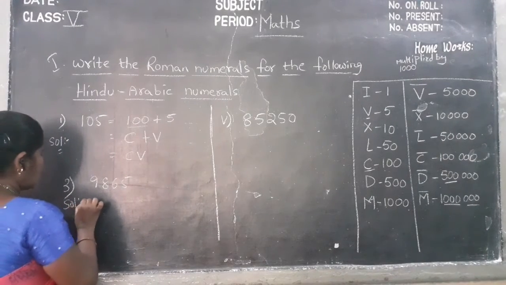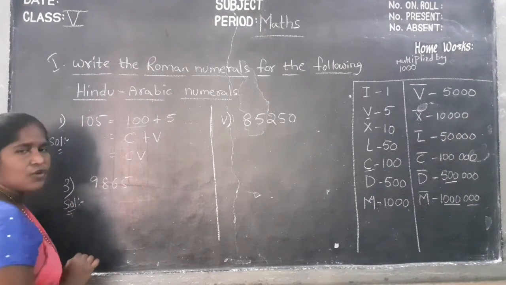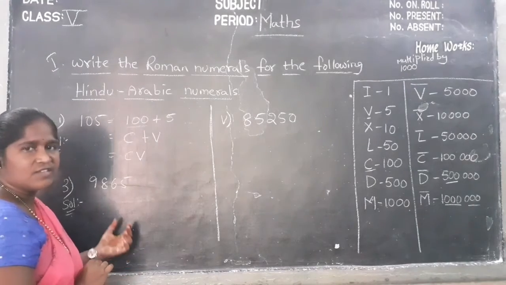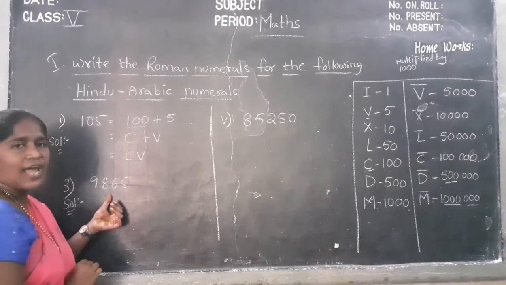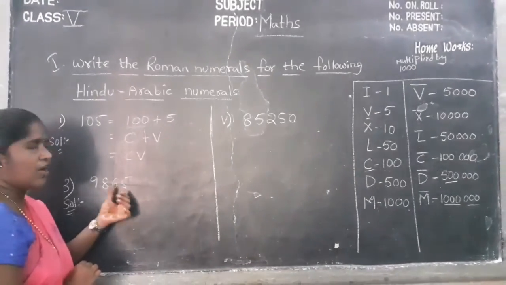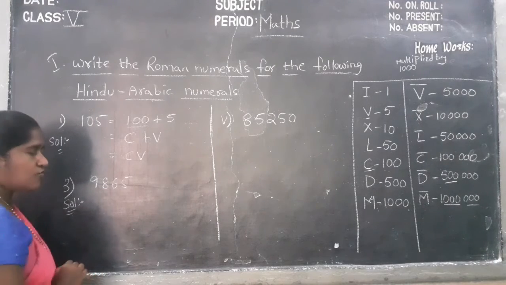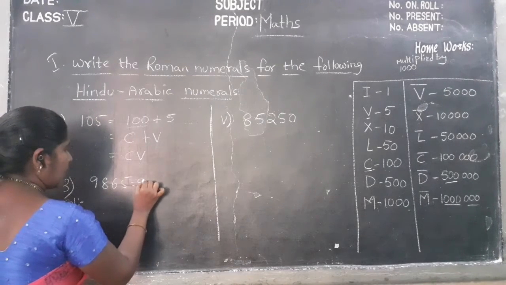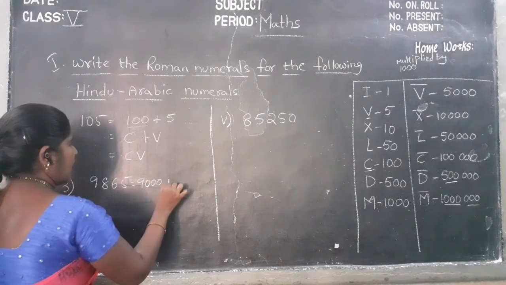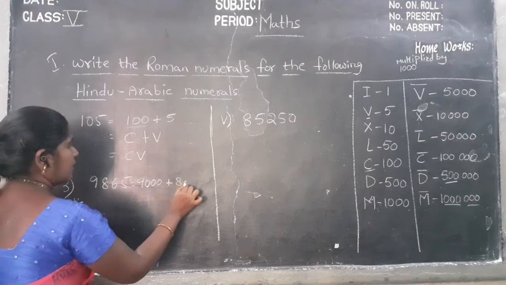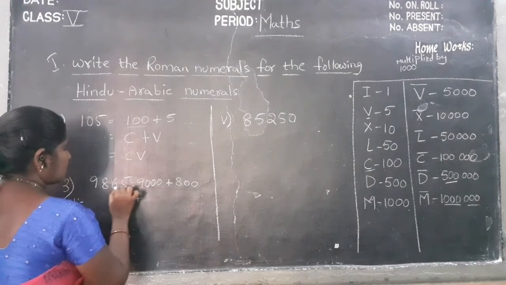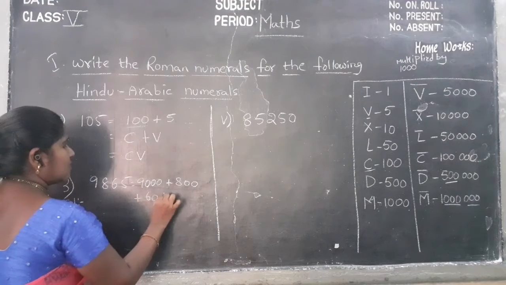Next one, what is the given Hindu-Arabic numeral, children? 9865. First we want to write 9000, next 800, and next 60 plus 5.